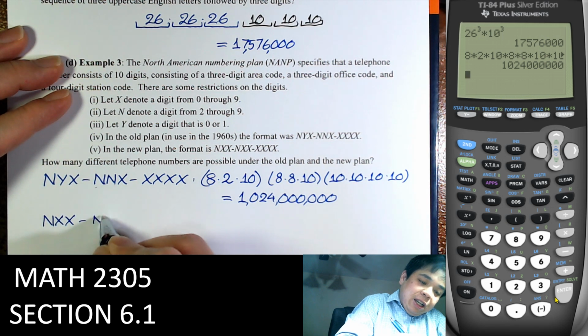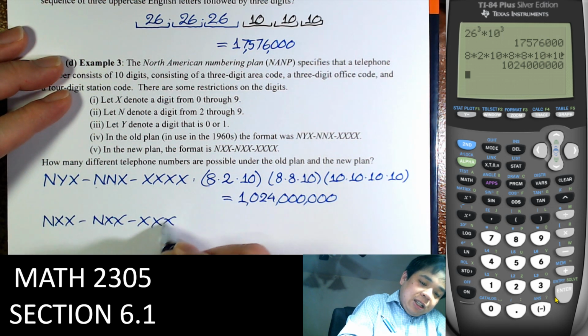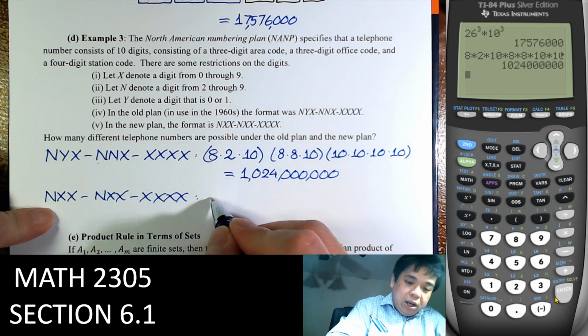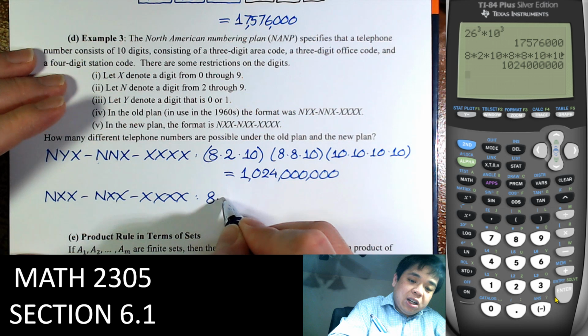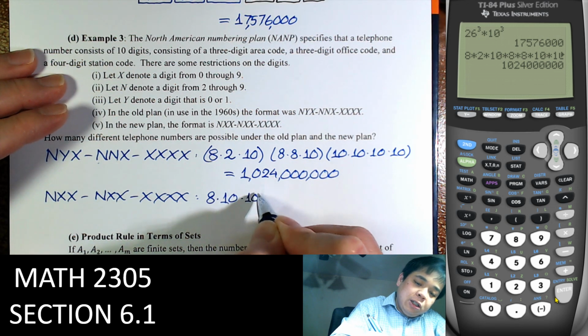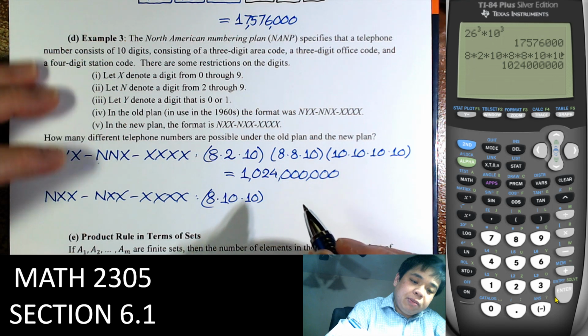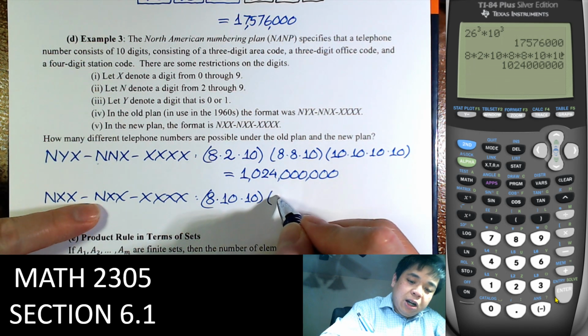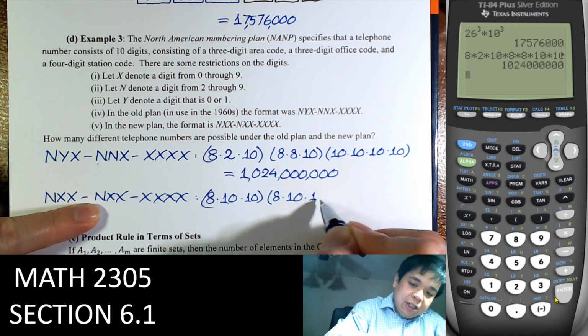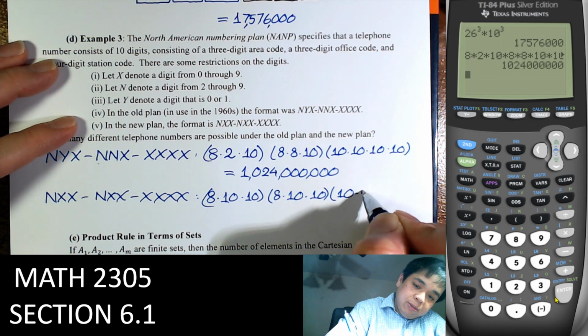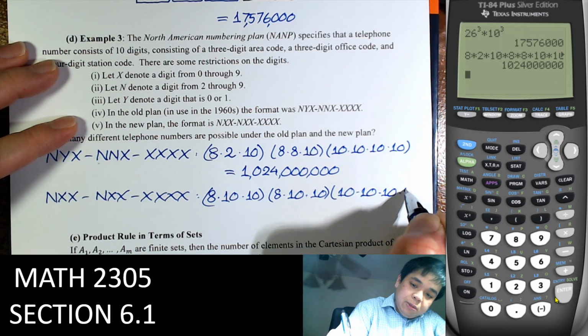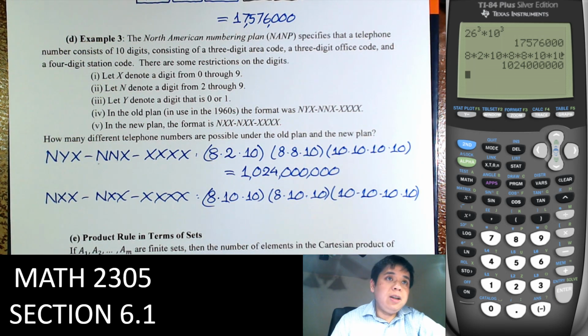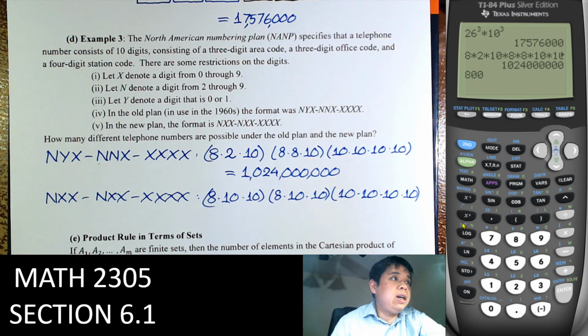The new plan is NXX, NXX, and XXXX. The N could be anywhere from 2 to 9, so there are 8 options, times also 8, then 10, 10, and then 10 to the 4th. So we just multiply: 800 times 800, or 800 squared, then times 10 to the 4th.